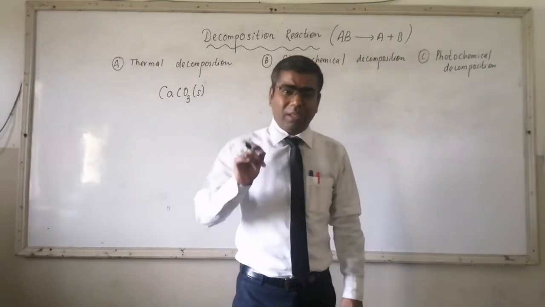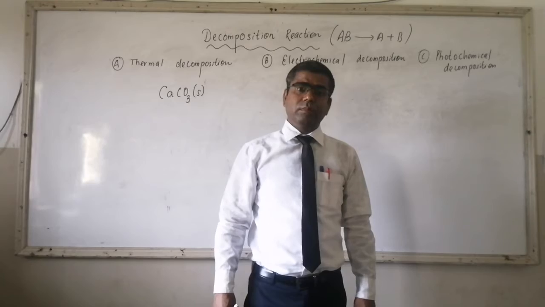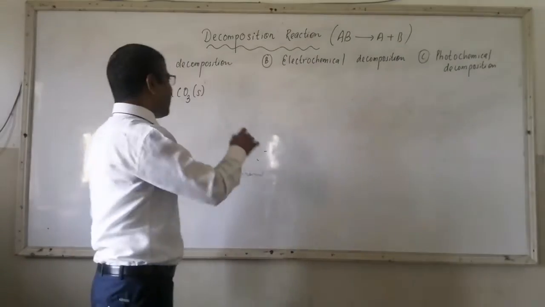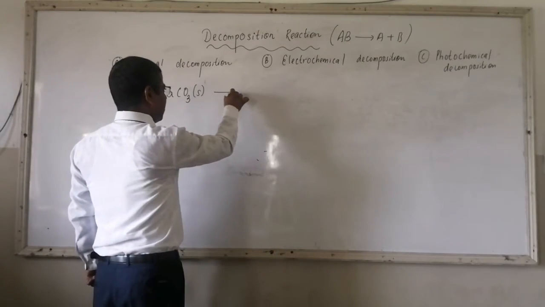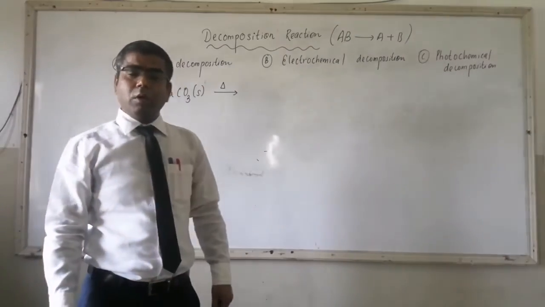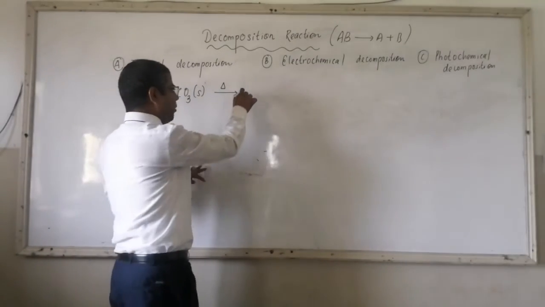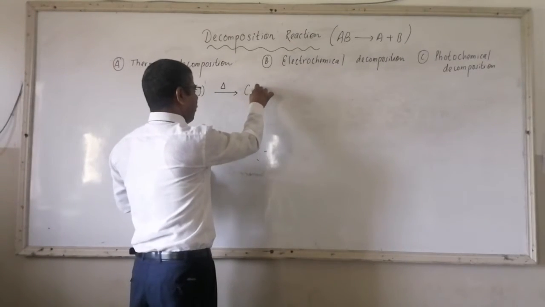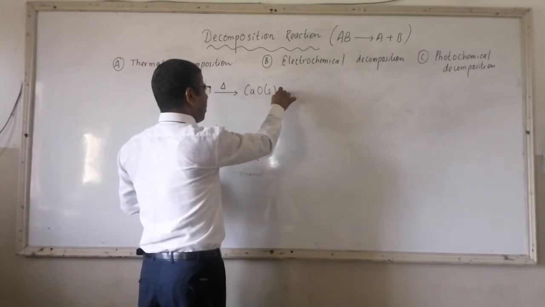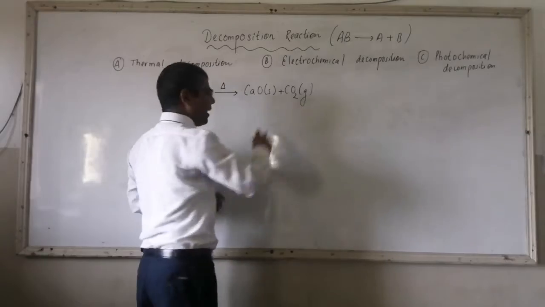It is a thermally unstable compound. So when calcium carbonate is heated, or when heat energy is applied, calcium carbonate undergoes decomposition, as a result of which it is converted to calcium oxide with the release of carbon dioxide gas.